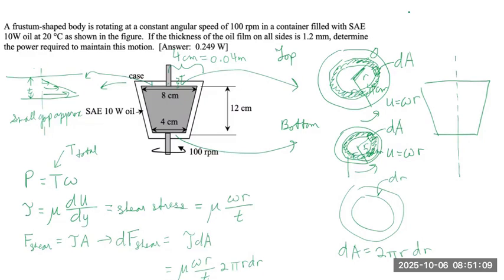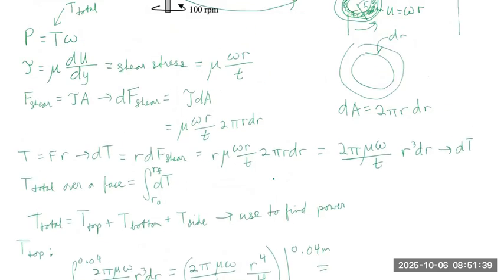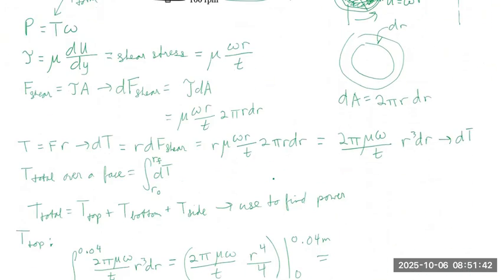So what is mu going to be? Mu is going to be the dynamic viscosity, which is mu equal to 1 times 10 to the negative 3 Pascal second. Or wait, hold on. To the negative 1 Pascal second, from one of my textbook figures. And omega is going to be equal to 100 RPM.